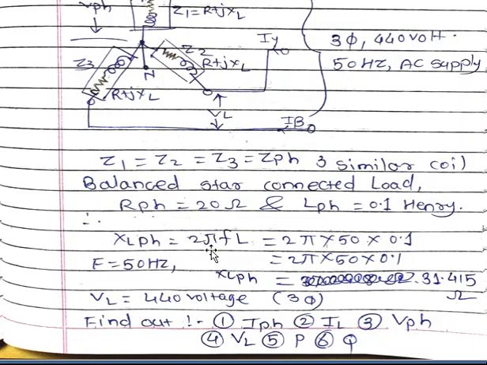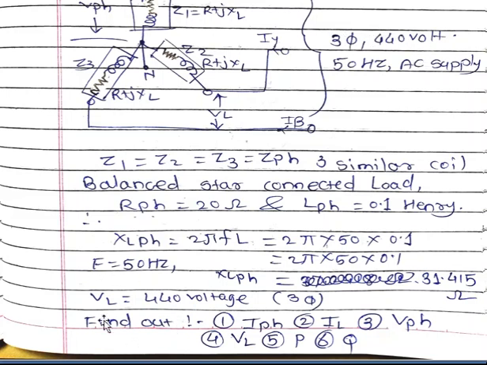XLPH is equal to 2 pi FL, with F equal to 50 Hz frequency and 0.1 Henry inductance. The answer of this calculation is 31.415 ohm.